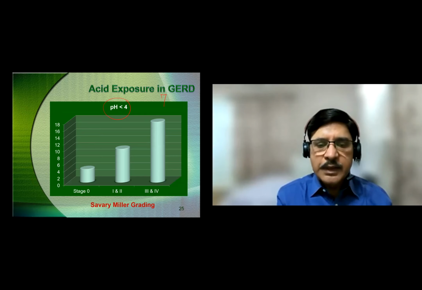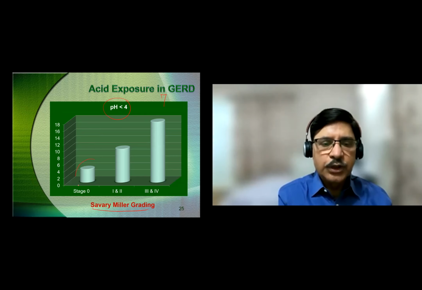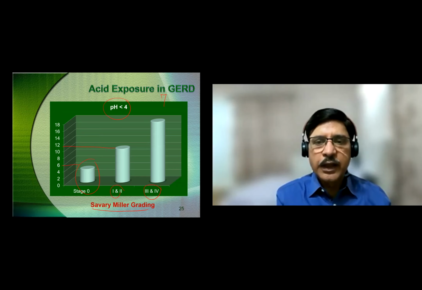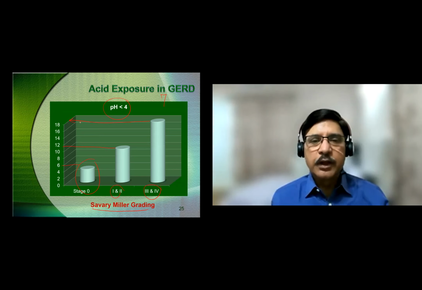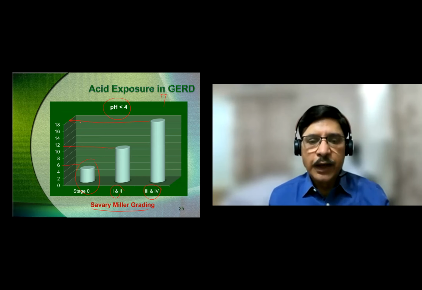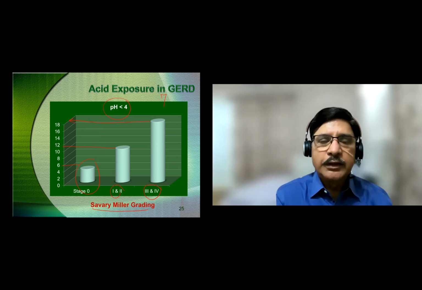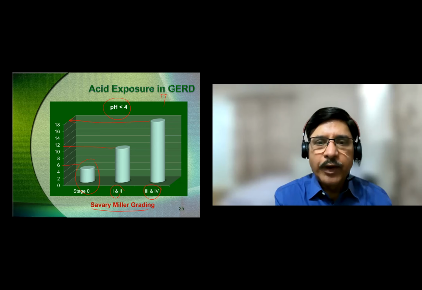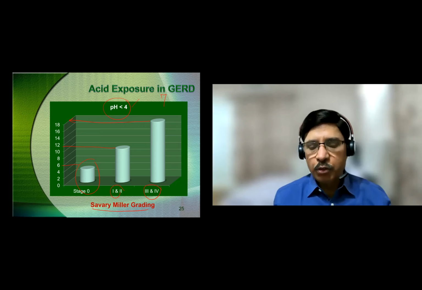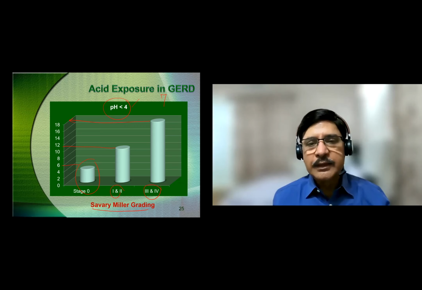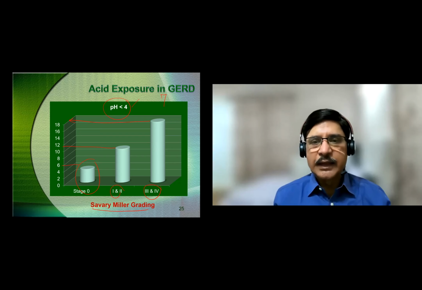In Savary-Miller grading, stage 0 is 4%, 6% stage 1 and 2, 12% stage 3 and 4, 18% of people in GERD have pH less than 4 in different stages to that tune. So you have to always give drugs to elevate the pH above 4. That is why you give antacids and anti-acid secreting drugs.